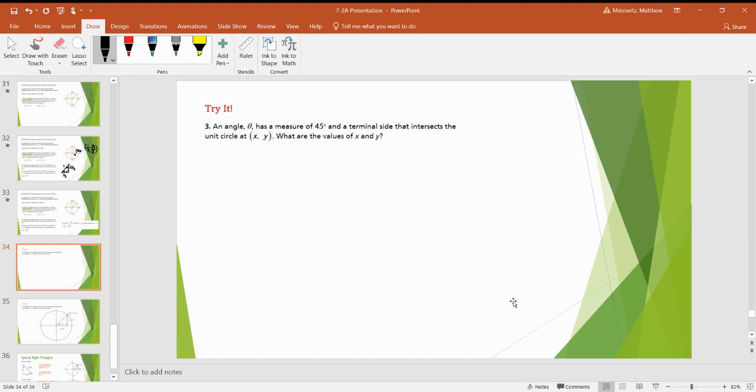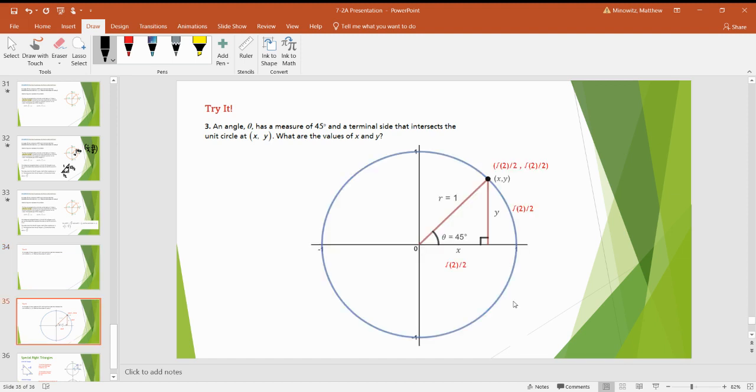Okay, so you tried it out. So here's the ratio for a 45, 45, 90 triangle. The two base legs are the same because it's an isosceles triangle. If it's a 45, 45, 90 triangle, two of the sides have to be the same. So if the radius or the hypotenuse is 1, then the side lengths are square root of 2/2.